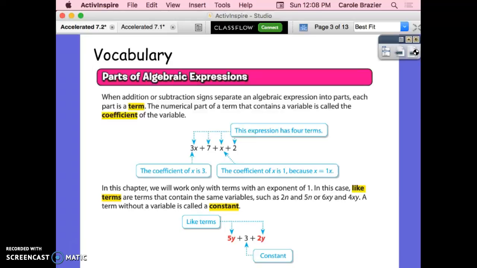You need to know that the coefficient is the number in front of the variable. And then you need to know that like terms are terms that look the same, so they share the same variables or they're the same number. And then you need to know that a constant is a number without a variable. So make sure you have each of those in your notes. So pause the video if you need some time to write down the vocabulary words, and then we will move on.